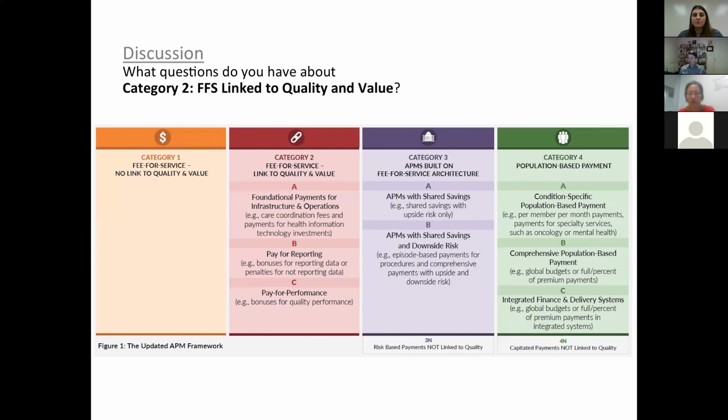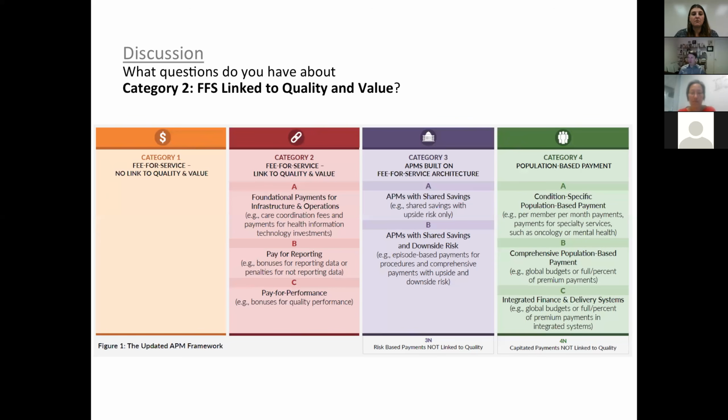Great, thank you. And then one more question I see, and then we'll move on to category 3, because I want to give Emma her time for sure. So Bridget, hi Bridget, is pay for reporting also typically an annual payment? And Prime, Emma, if you're not familiar, Prime is one of the many programs and structures within the 1115 waiver, the federal waiver that the state got from Medicaid.